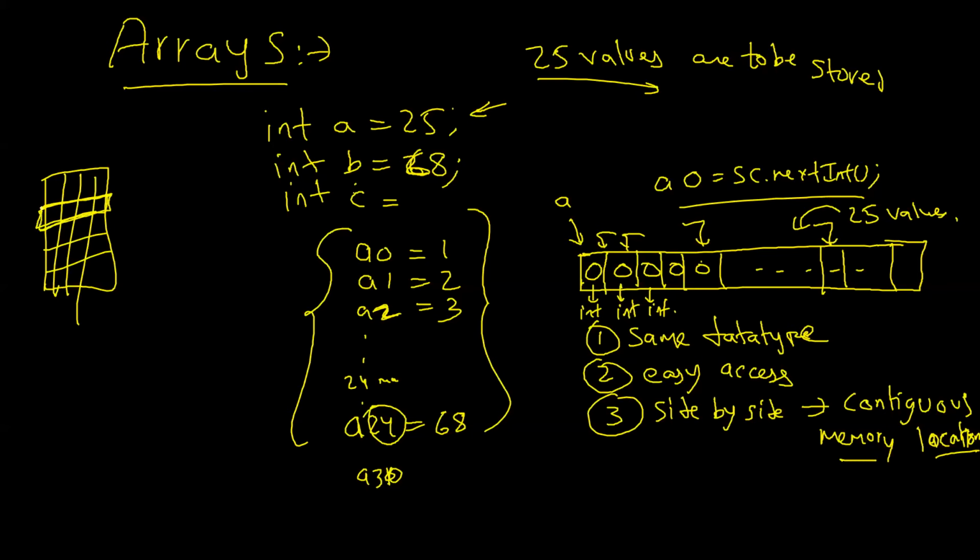All the integers are side by side, and that is the reason for the easy access also, because you know this address. You just need to go two integers outside it, after this space ends, and you can easily access the second one, third one, in that way, correct? Correct. So an array has all contiguous memory locations, all the elements are side by side, okay?